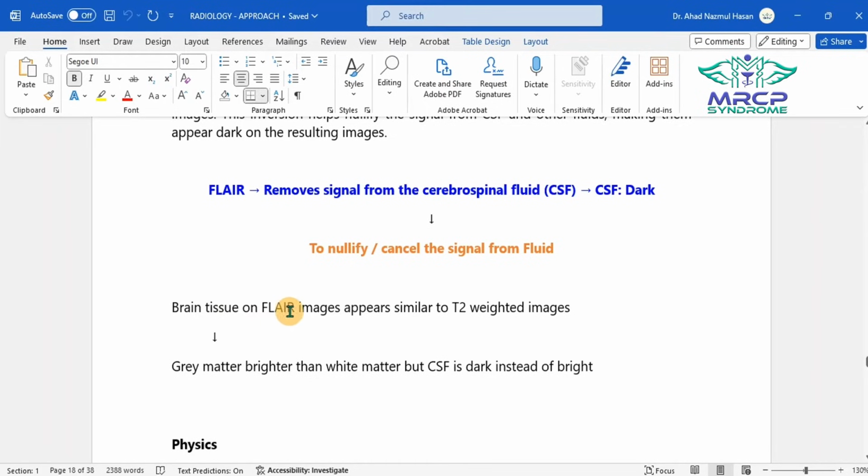Brain tissue on Flair image appears similar to T2 weighted image: gray matter brighter than white matter, but the CSF is dark instead of bright. So the CSF would be dark in T1 and in Flair images, and bright in T2.